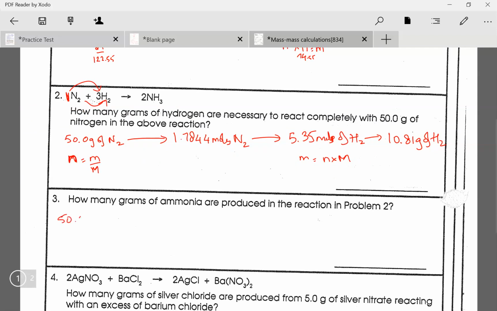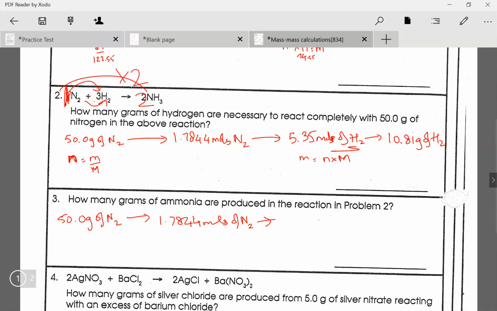I go from 50 grams of nitrogen. The first step is the same, 1.7844 moles of nitrogen. But then here, instead of going to moles of hydrogen, I want to go to moles of ammonia. So 1 mole of nitrogen produces 2 moles of ammonia, so I multiply by 2.